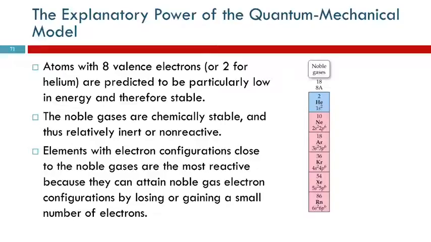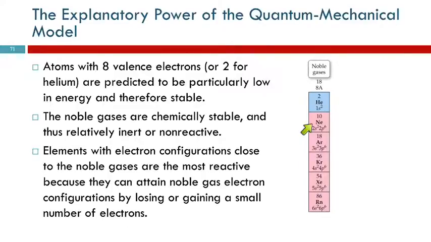So here are the noble gases, group 8A. They have 8 valence electrons except for helium. We predict, looking at their electron configurations, that they would be very stable, and we also observe this in practice, that they are very stable.